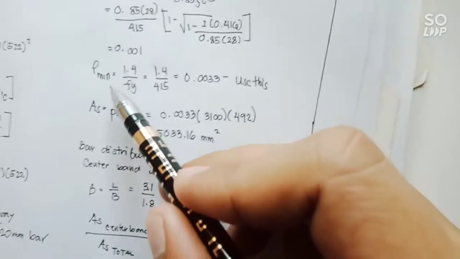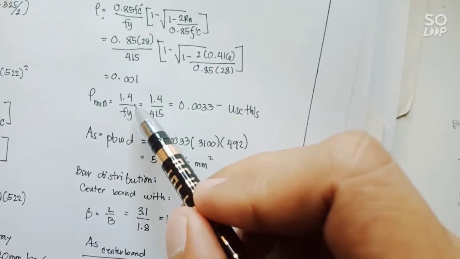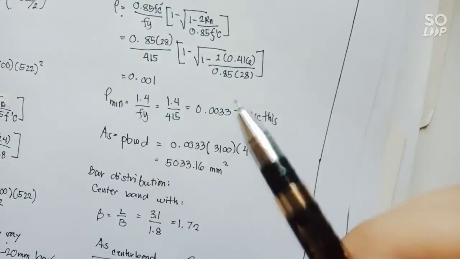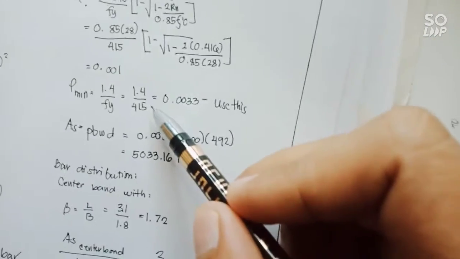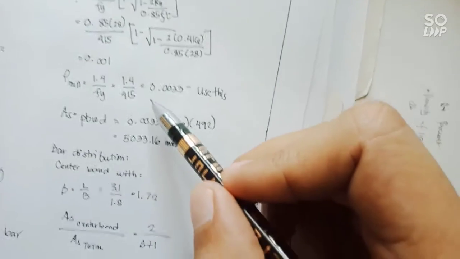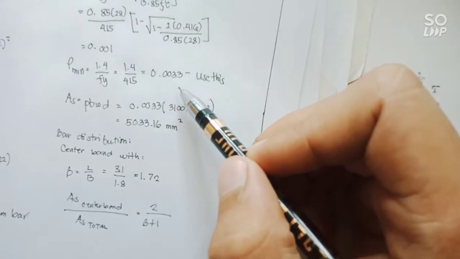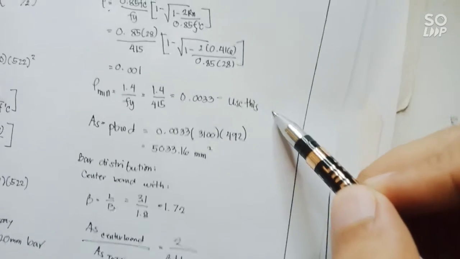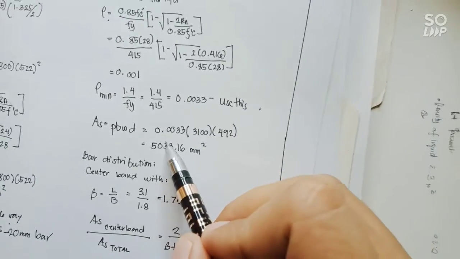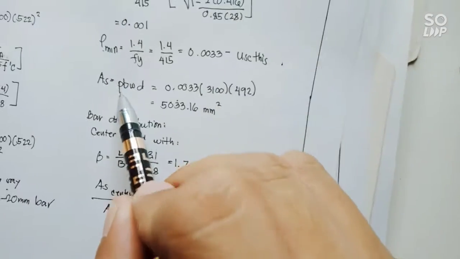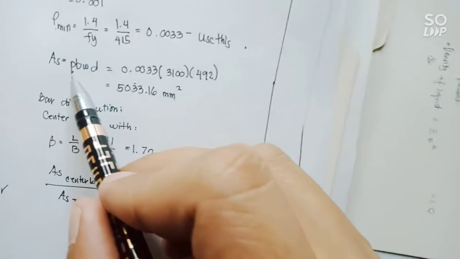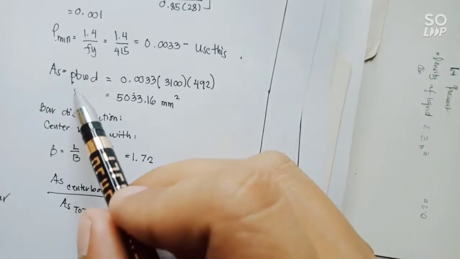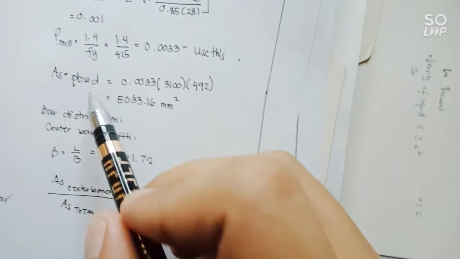And we have the rho min. The formula of rho min is equal to 1.4 over the fy. So substitute the fy, which is 415. So 1.4 divided by 415 is equal to 0.0033. So we use this in this formula, which is the rho min from here. The area of the steel reinforcement of the top bars, As, is equal to rho times the width and the diameter.